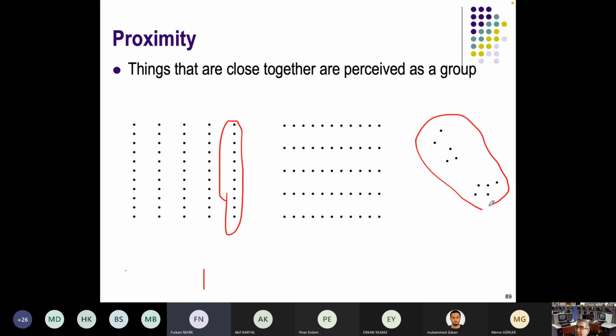If I cover them with a certain red line, then we start to perceive them as one set because it is encircled with a surrounding. If not, we perceive them as 2 different objects. This is what proximity tells us.